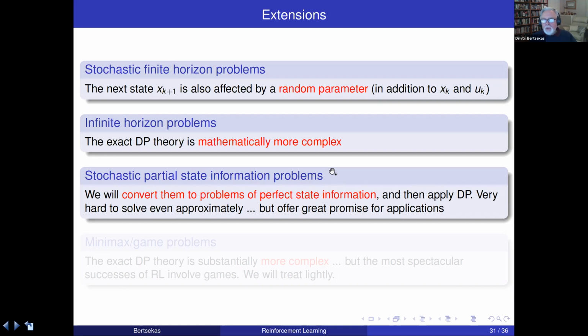However, from the conceptual theoretical point of view, they are no different. You can convert them to problems of perfect state information and then apply dynamic programming to these problems. We are going to discuss how this conversion is done in the next lecture, probably, and we're going to use it later as we discuss various examples.